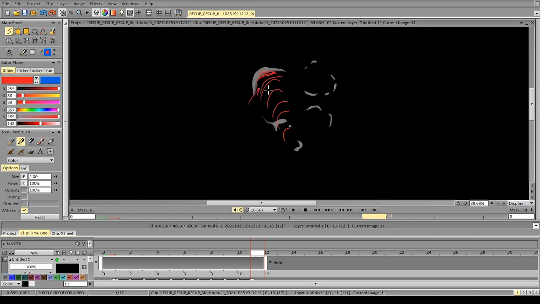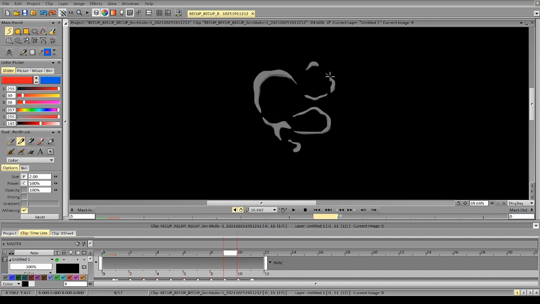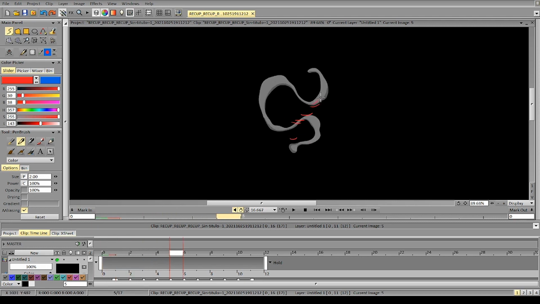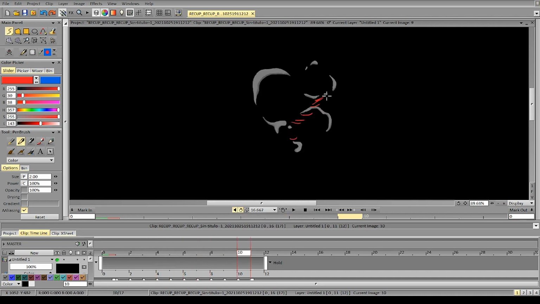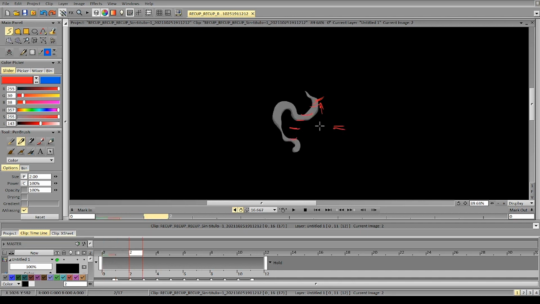And same thing here, sudden stop and then acceleration. And here we can push it down so we don't have two frames too close to each other while it's rising.